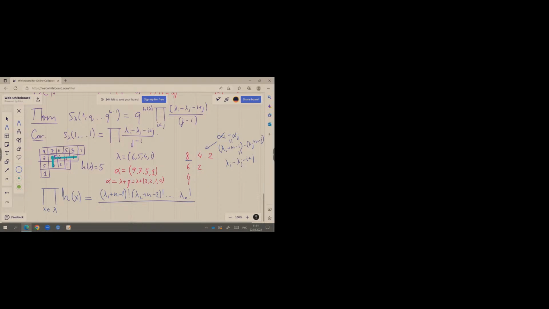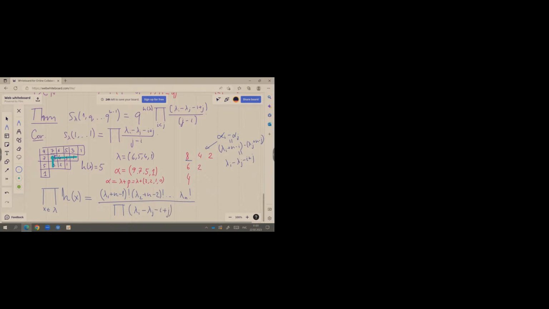And the number of missing numbers is exactly n choose 2, so the number of factors in the Vandermonde determinant. So this is exactly the product of lambda i minus lambda j minus i plus j.